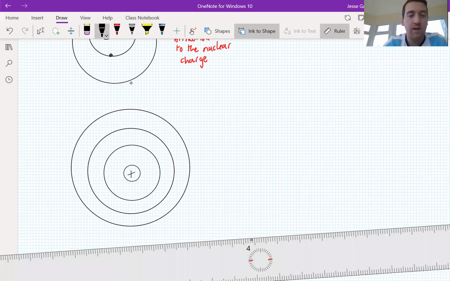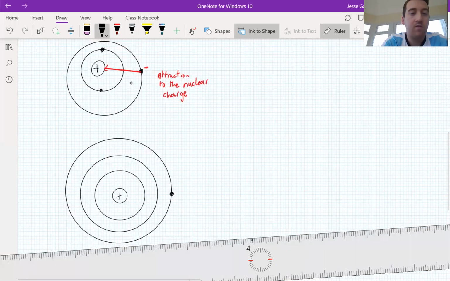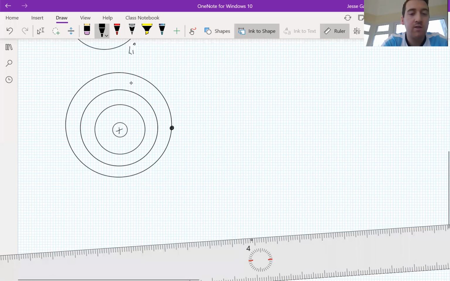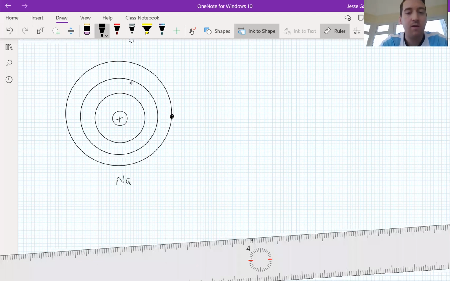So we have the nucleus, which is positive in the middle. We have an electron in the outer shell. So this here was lithium, 3 electrons, and say here this one is sodium, which is just below lithium in the periodic table. So we have lithium and we have sodium.